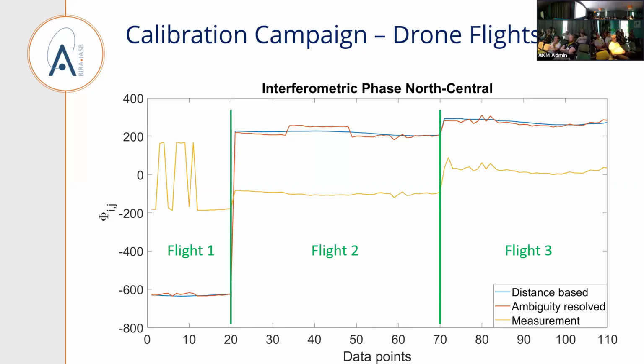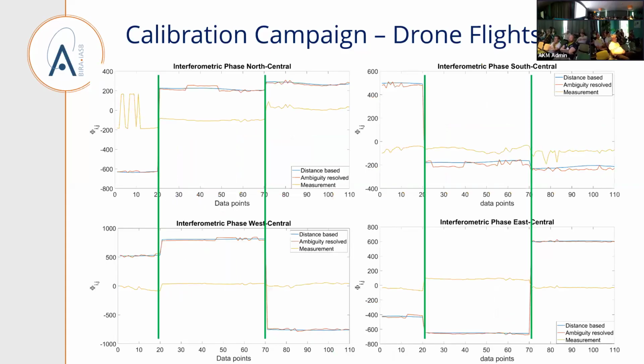And we do this, of course, for several flights, for several antenna pairs. So we have the antenna pairs north-south, south-central, north-central, west-central, and east-central. And as you can see, already with the correct wraparound from a known emitter position, we get really close to the expected values we want to have in theory.